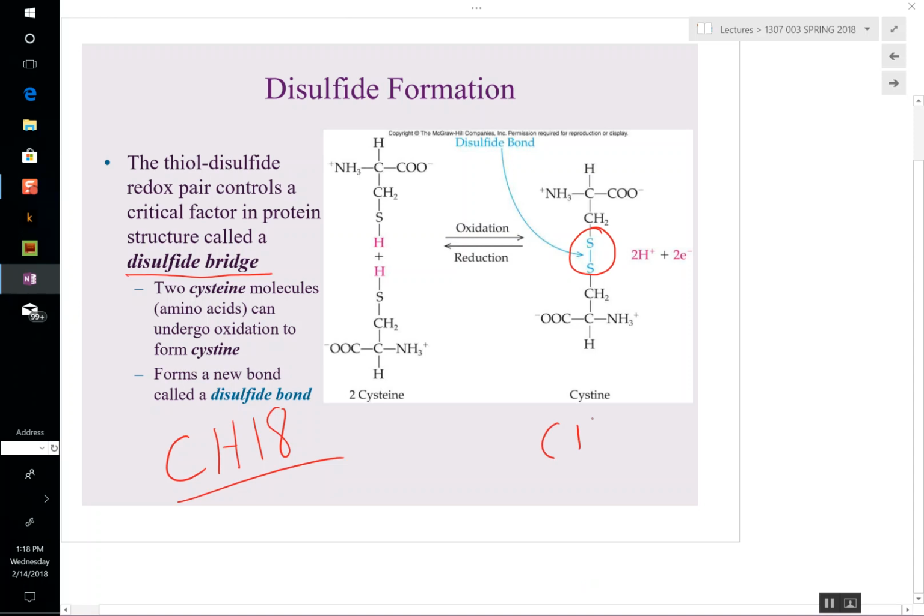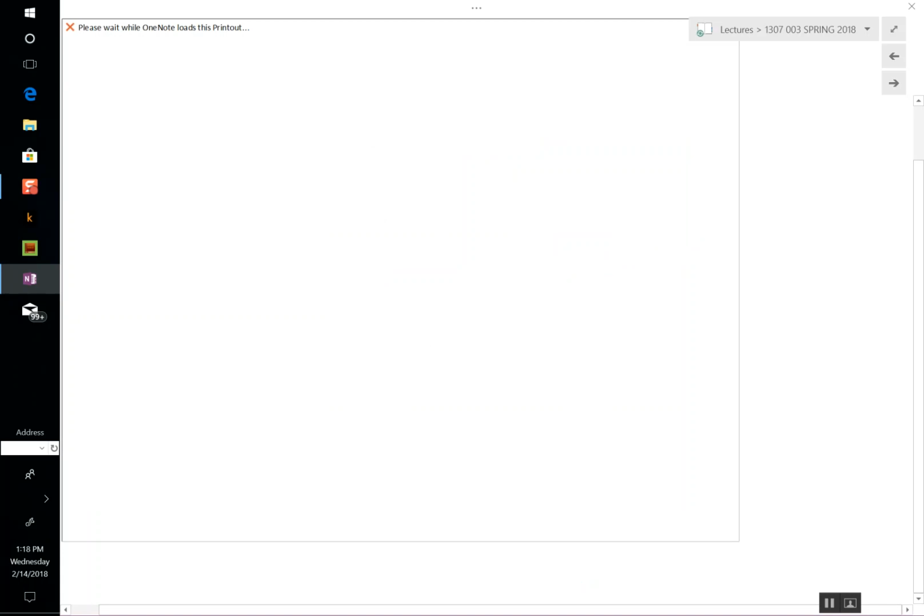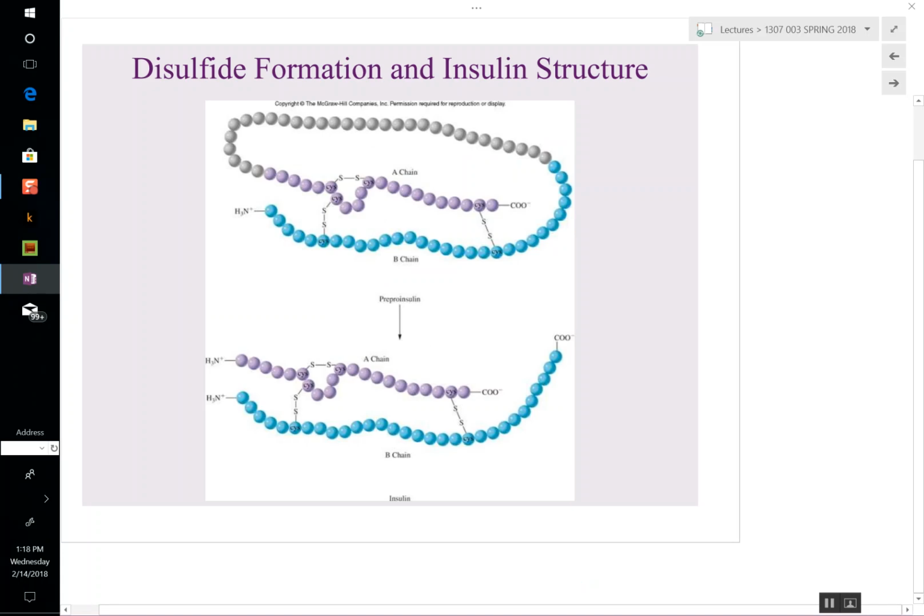We will pick this up in chapter 18. But to just give you a quick idea, if this was a protein molecule with each one of these beads being an amino acid, 2 cysteines at the right place can form a disulfide bridge, a critical disulfide bridge that's needed in the structure of the protein.